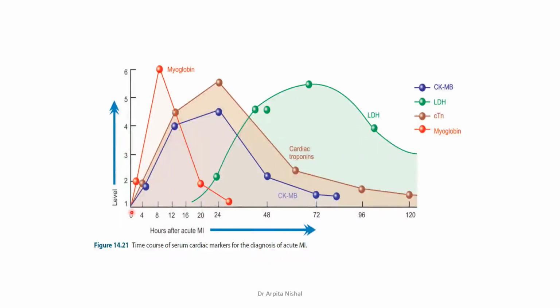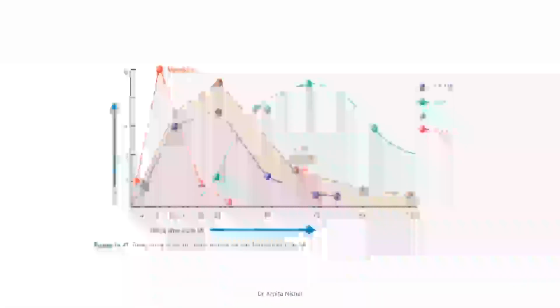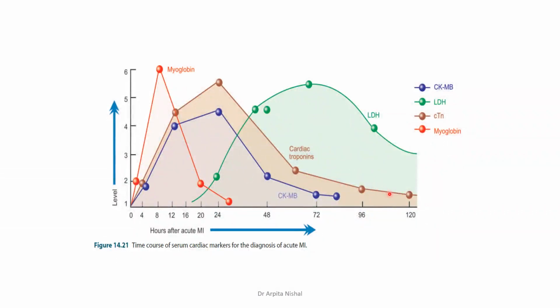It rises in 2 to 4 hours, peaks at 24 hours, and comes back to normal in 48 to 72 hours. And this is the troponin level, which rises in 2 to 4 hours and peaks at 12 to 48 hours. It remains elevated for 7 to 10 days, so it comes back to normal after 10 days.